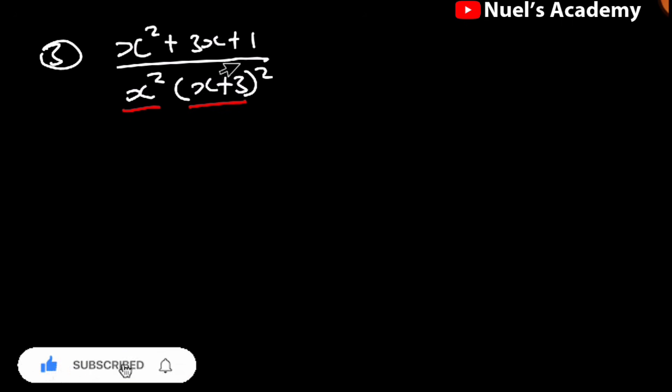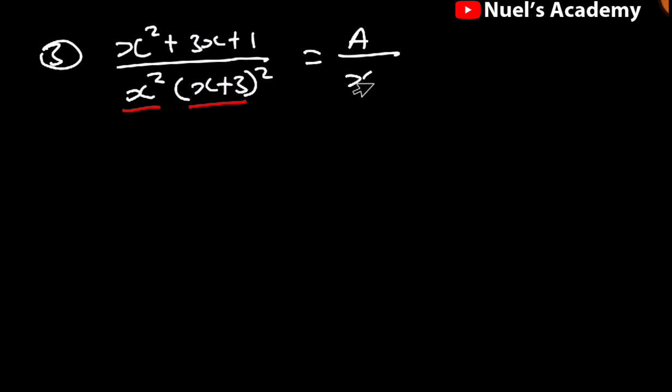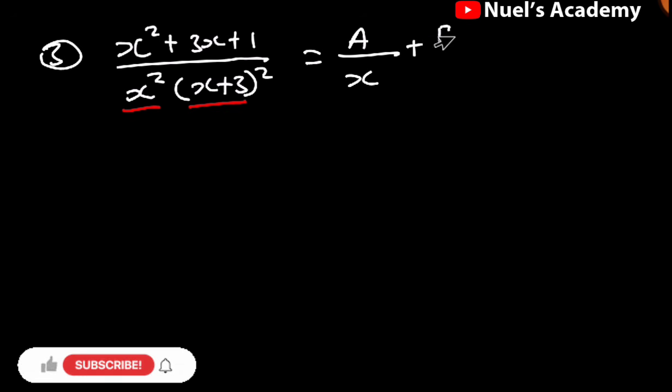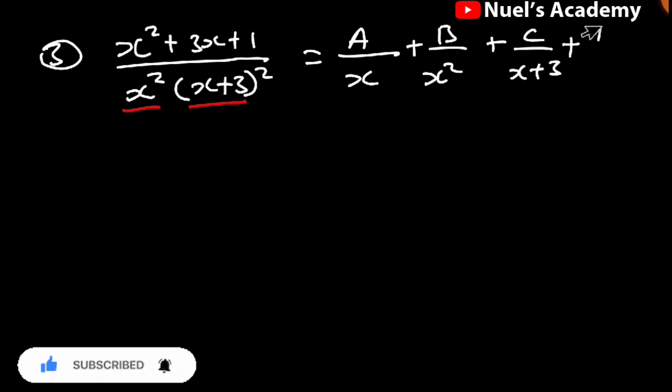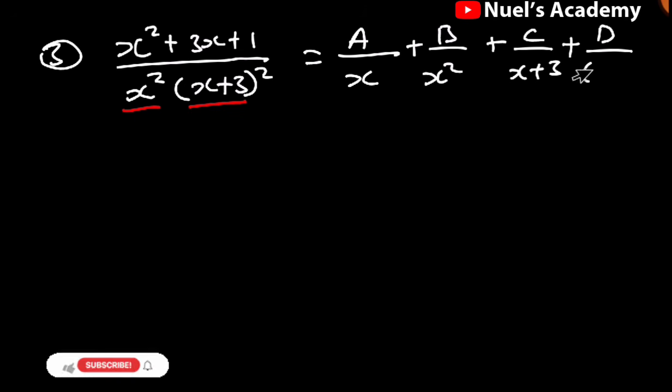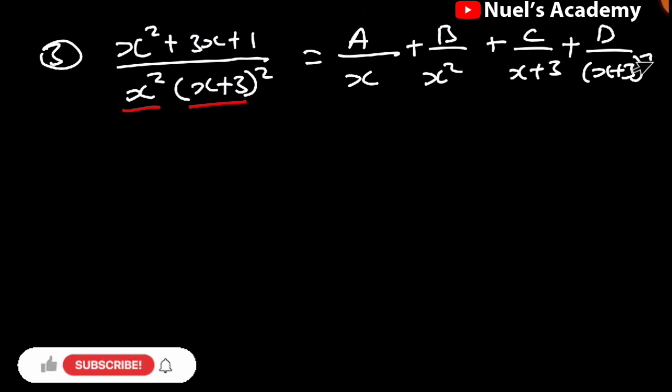Now how do we express this in partial fractions? So this is a over, you write the simplest form of it, x, then plus b over the repeated form, which is x squared. So the same thing is applicable here. This is c over x plus 3 plus d over the repeated factor, which is (x plus 3) squared.